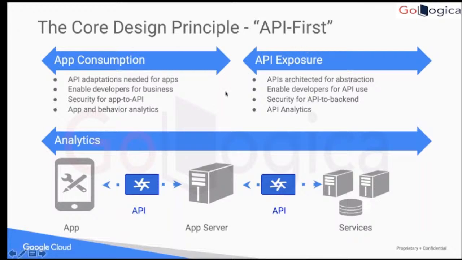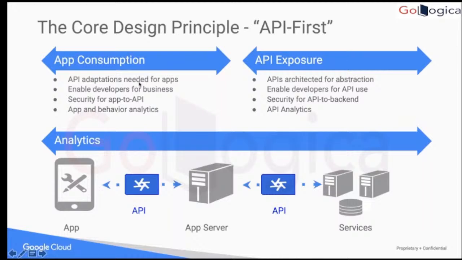There are two parts to that. One is the app consumption. For all the apps that are developed right now, because we have a variety of platforms, devices, and channels for any organization or company, they build a lot of apps.